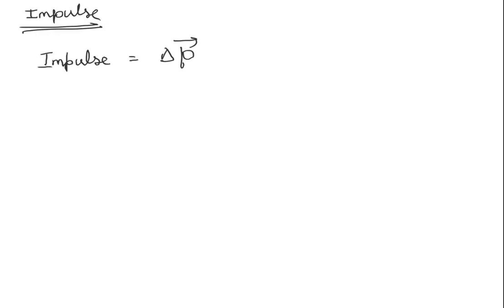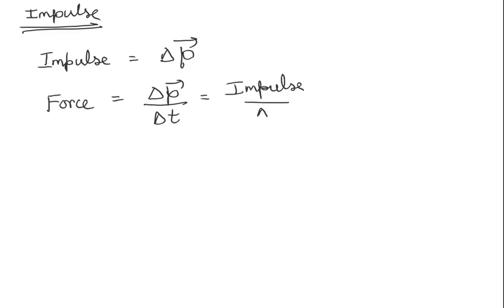Now, change in momentum का मतलब होता है चेंज इन mv, बट अगर हम मास को कांस्टेंट लेके चले हैं तो इसका मतलब चेंज इन वेलोसिटी. तो चेंज इन वेलोसिटी अगर होएगी किसी भी ऑब्जेक्ट की, we will say that an impulse has been imparted on the system. The force on the system is equal to delta p upon delta t, which is equal to impulse divided by delta t.